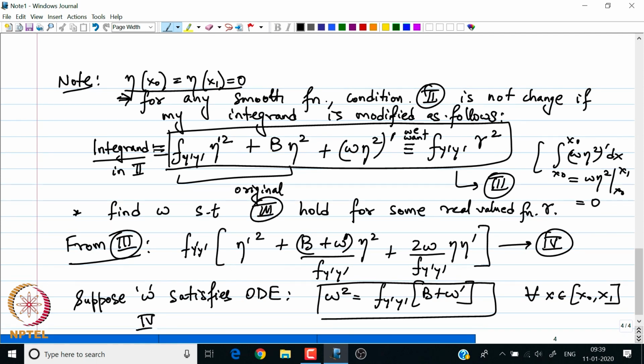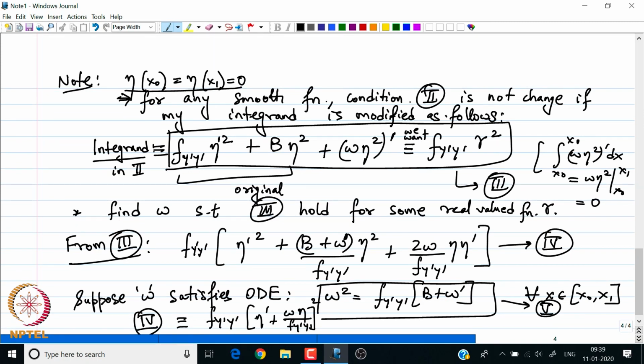So, let me call this ODE 5. If 5 holds, then 4 is identically equal to f y prime times eta prime plus omega eta divided by f y prime whole square, right. So, my obvious choice for gamma in that case will be this quantity inside the bracket.